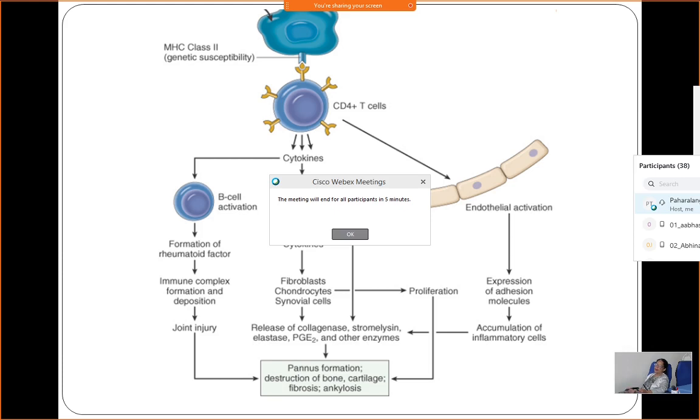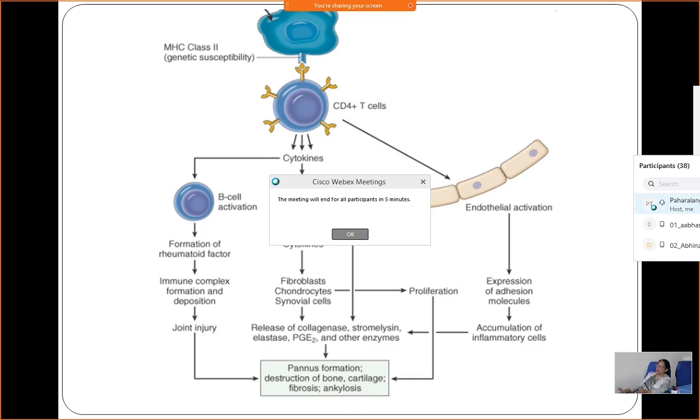On the other hand, these cytokines also will activate inflammatory cells, and activate the fibroblasts, chondrocytes and synovial cells, which release enzymes like collagenase, stromelysin, elastase, prostaglandins and other enzymes which will cause destruction of the bone and the cartilage in that particular area.